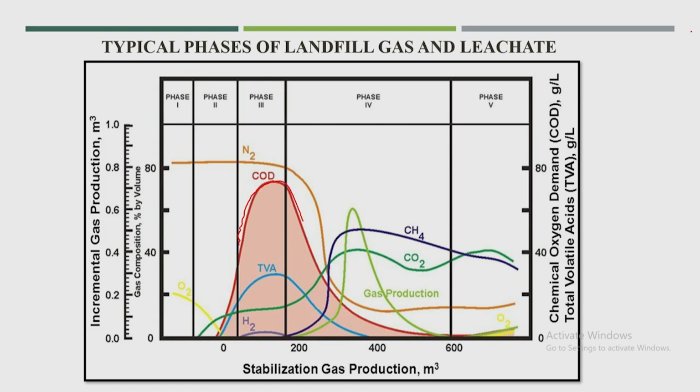That is normally called the acid phase, where maximum degradation is possible. In the same phase gas production is also possible and maximum COD is produced. Similarly, in phase 4 and even phase 5 the COD concentration is very low.